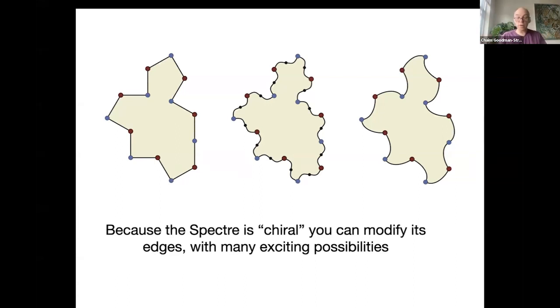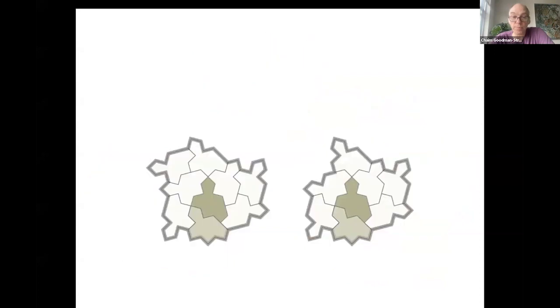If you have a tiling with all right-handed tiles, you can also have the left-handed one. So by chiral we simply mean that the tiles will all appear in one orientation or the other.